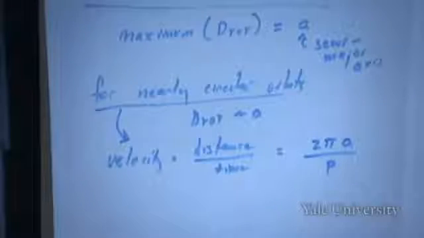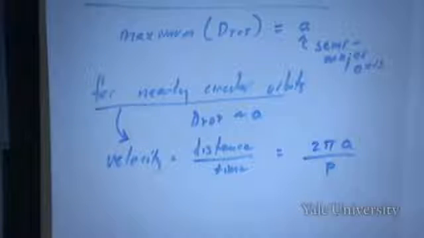The reason is that in highly elliptical orbits, the velocity changes by a substantial amount. It moves much faster when it's closer. And so you can only really define what the overall velocity of the thing is if you've got a nearly circular orbit. But in that case, as is true for planets, this 2 pi a over p gives you a value for velocity.